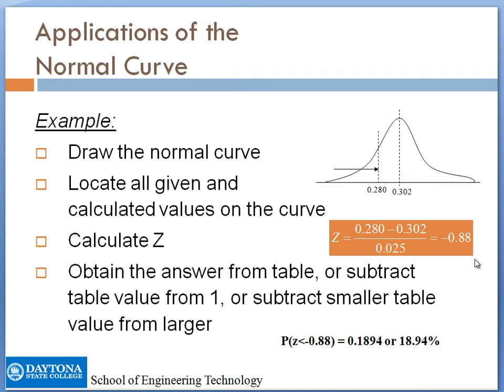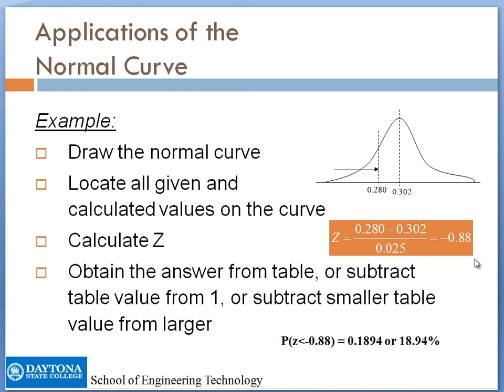If you're looking for the percentage of being higher than the observed value, which is to the right side, because the table gives you the left side, you will subtract that value from 1. This is because the rules of probability say that it will be a number between 0 and 1, so all of the area under the normal distribution is equal to 1.